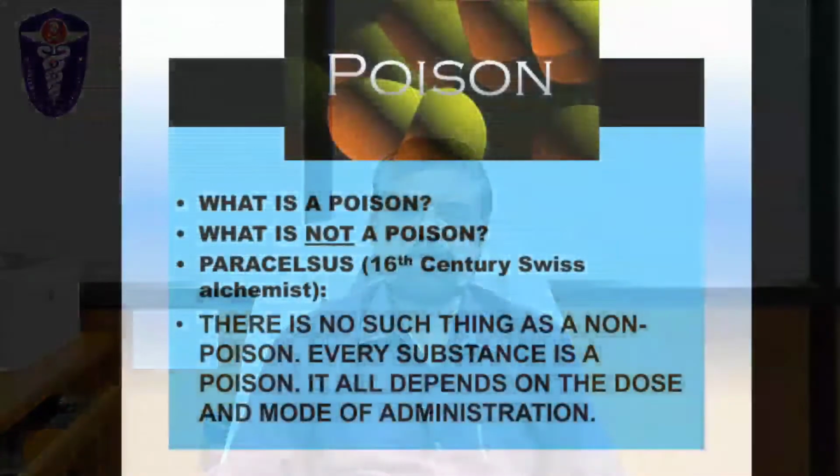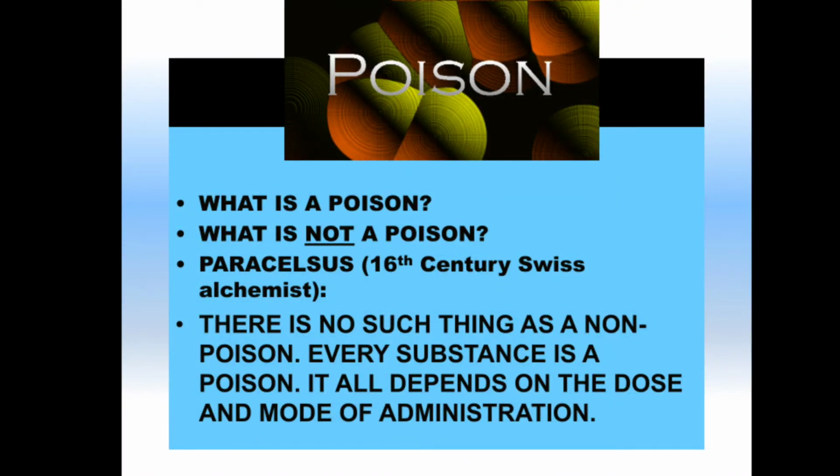This was in fact emphasized, stated actually long ago, several centuries ago, by a Swiss alchemist by the name of Paracelsus, and he said this very famously: there is no such thing as a non-poison. Every substance is a poison. It all depends on the mode of administration and the dose. So that means even the food that you eat or the water that you drink can be poisonous.